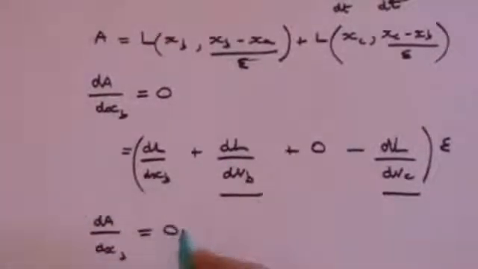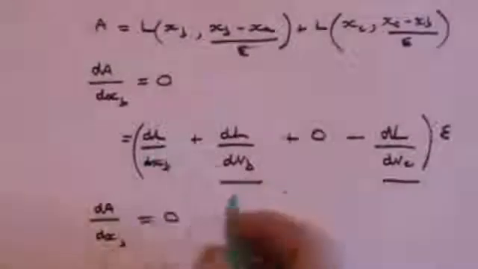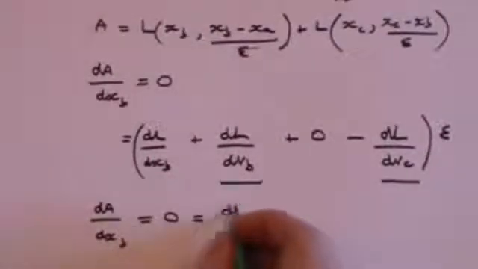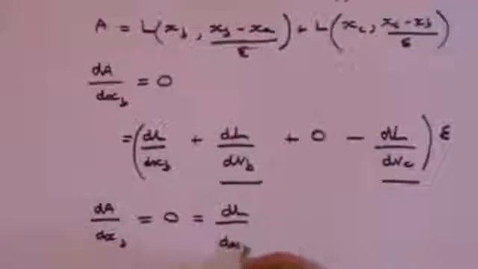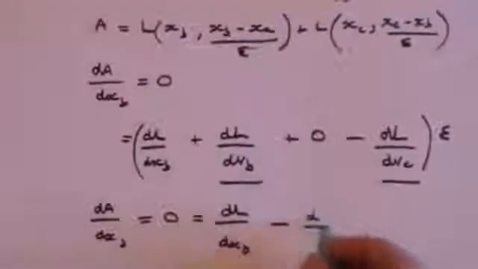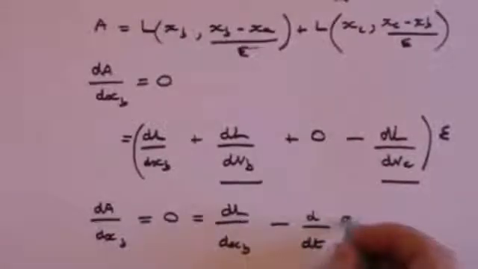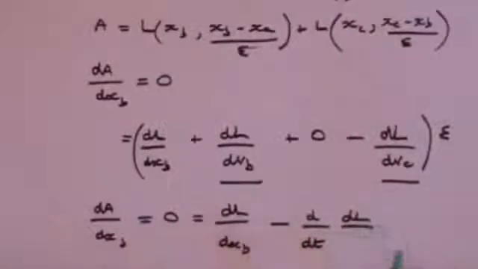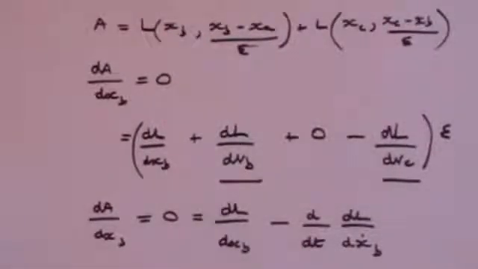we know has got to equal 0 for the minimum, is going to be equal to dL by dxb minus, and then it turns out that it's d by dt of dL divided by the change of velocity at b, which we can write as dx dot b, because we're using x dot to represent velocity.